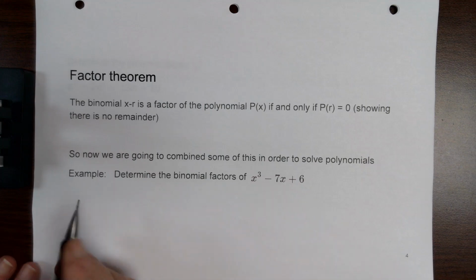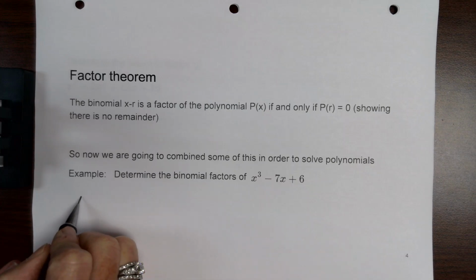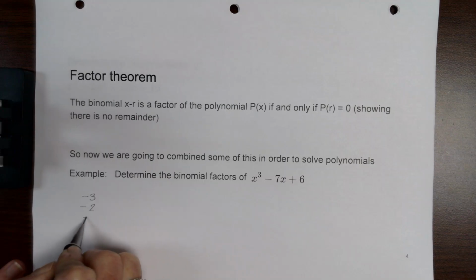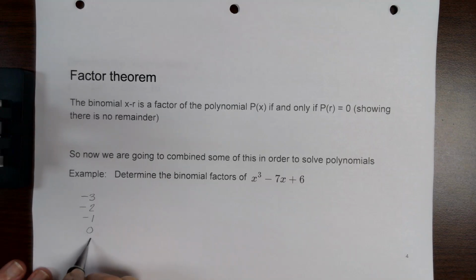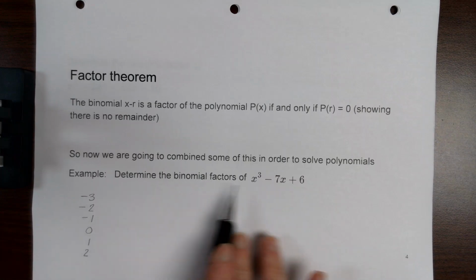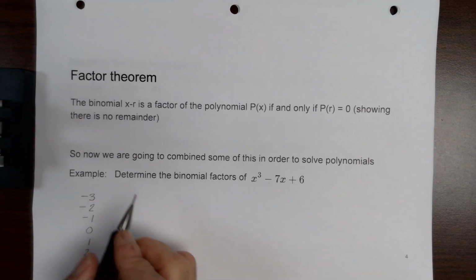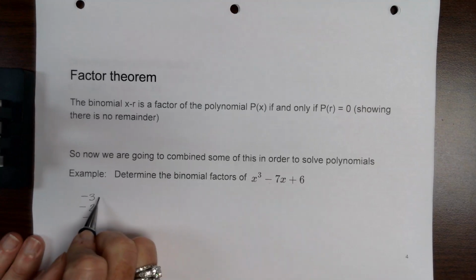So what we're going to do is just guess at numbers that might be solutions to it. So we'll start at -3, -2, -1, 0, 1, and 2. And we're going to plug these into this equation using the store button on our calculator until we find one that works.